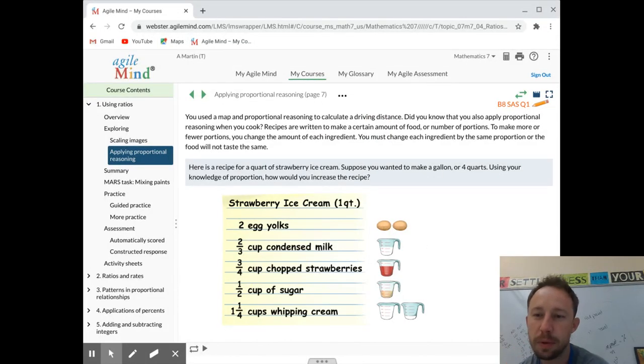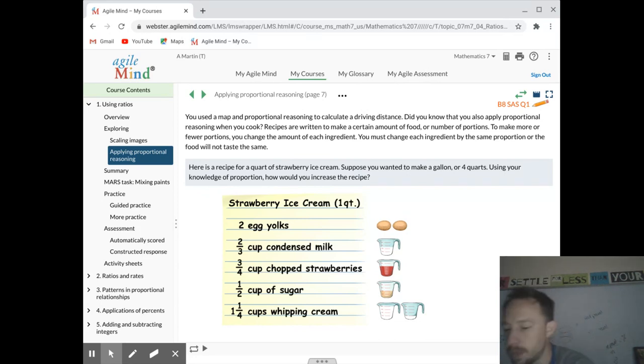Is multiplying by a fraction that's less than 1, such as a half or a fourth, the same as dividing by 2 or dividing by 4? Yes. All right. So looking at this, I want us to try to figure out what each one of these will be if we were to create this recipe so that it would work for 4 quarts.